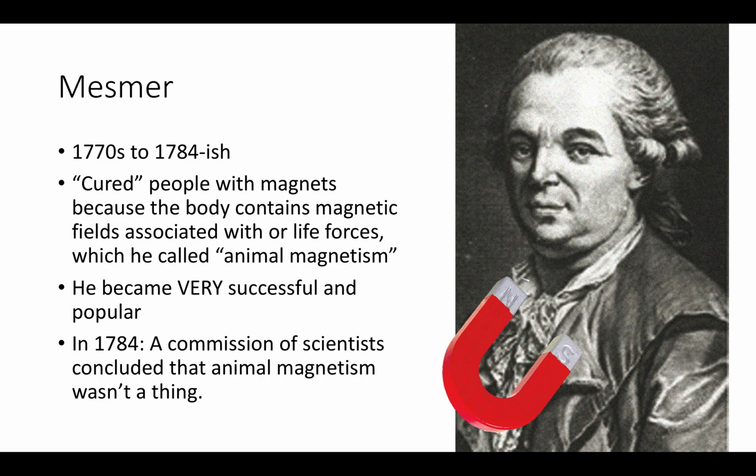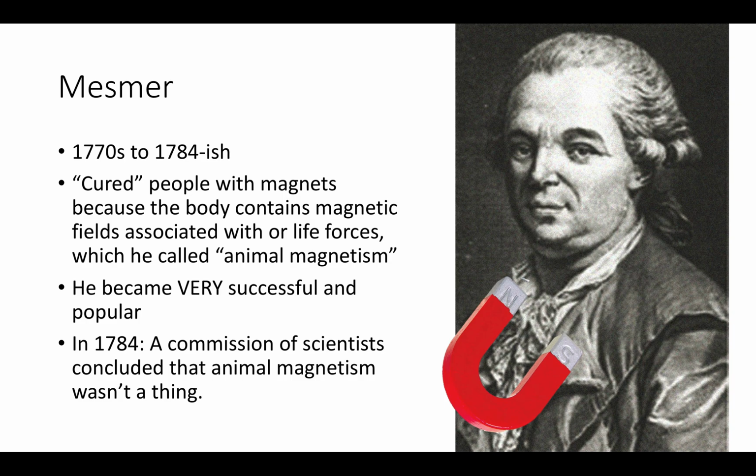And it's not so crazy because our cells, especially our neurons, do depend on properties of electromagnetic charges to function properly. But Mesmer became very successful with his magnet therapy. He would treat people, and people would seem to be cured, or at least their symptoms were alleviated for a time.